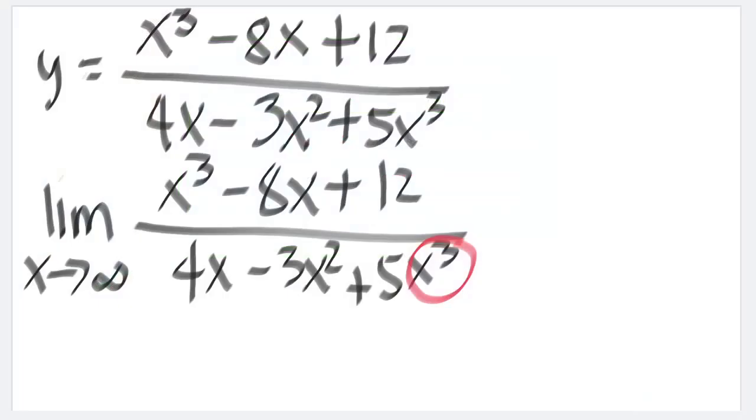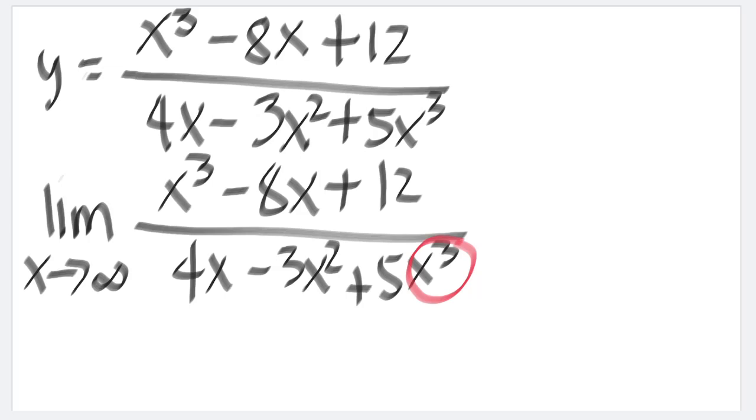Okay, so the limit of x cubed minus 8x plus 12 all over 4x minus 3x squared plus 5x cubed as x approaches infinity. We divide all terms of the numerator and denominator by the term that is the largest.